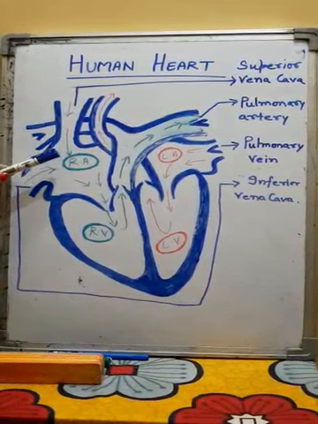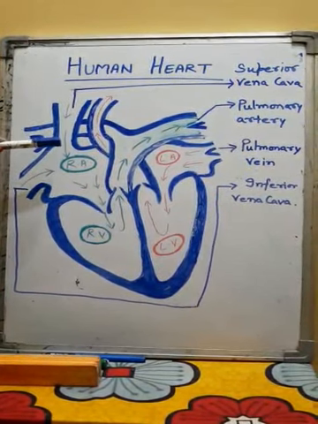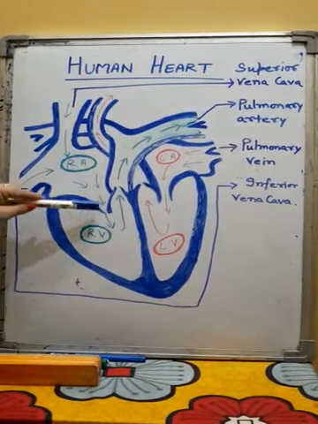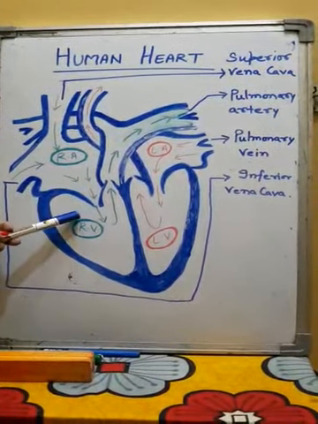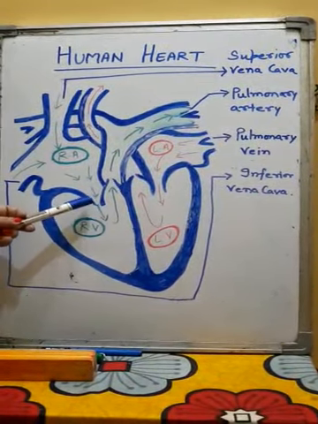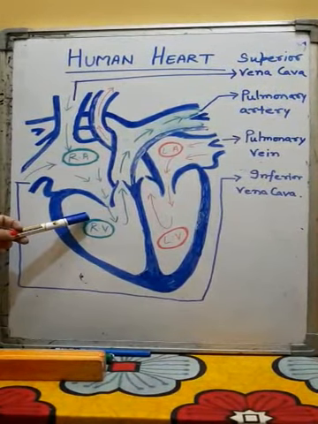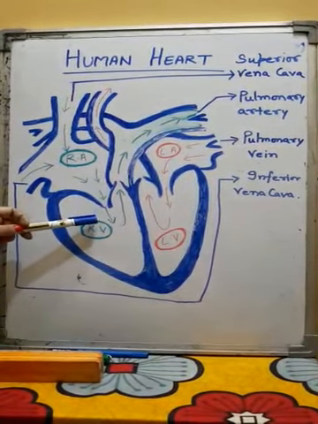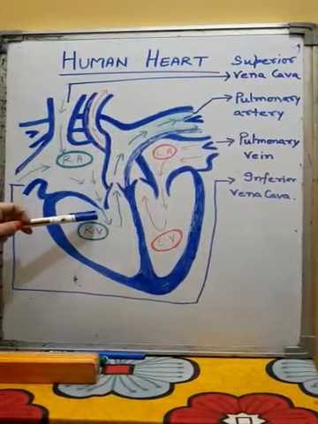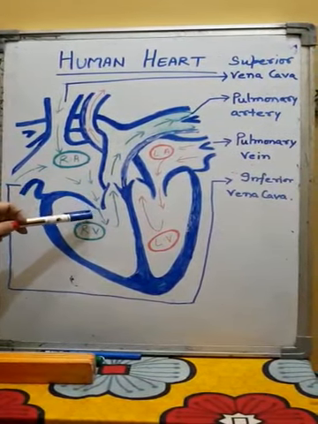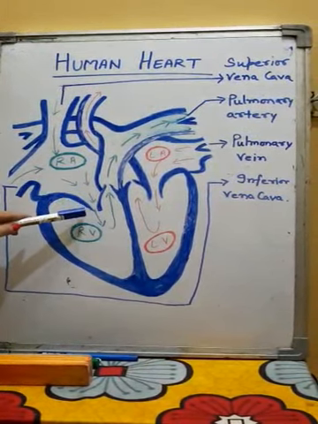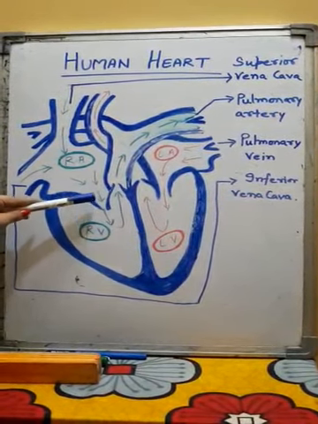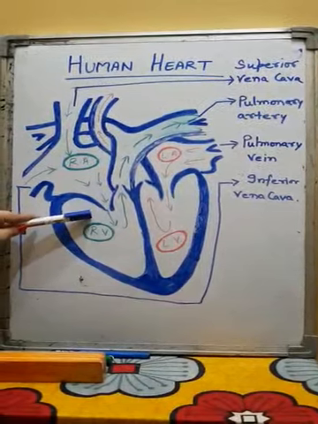The right auricle opens into the right ventricle. You can see over here, right auricle opens into right ventricle through an aperture. This aperture is guarded by a valve called tricuspid valve, and it has three flaps.